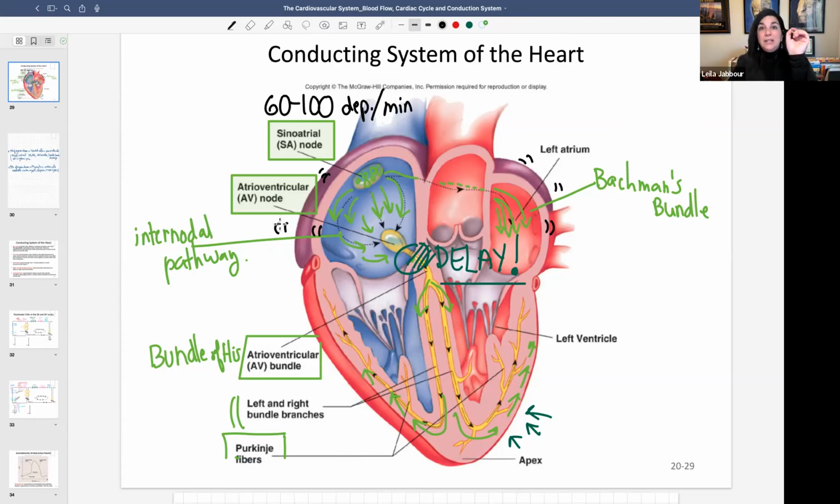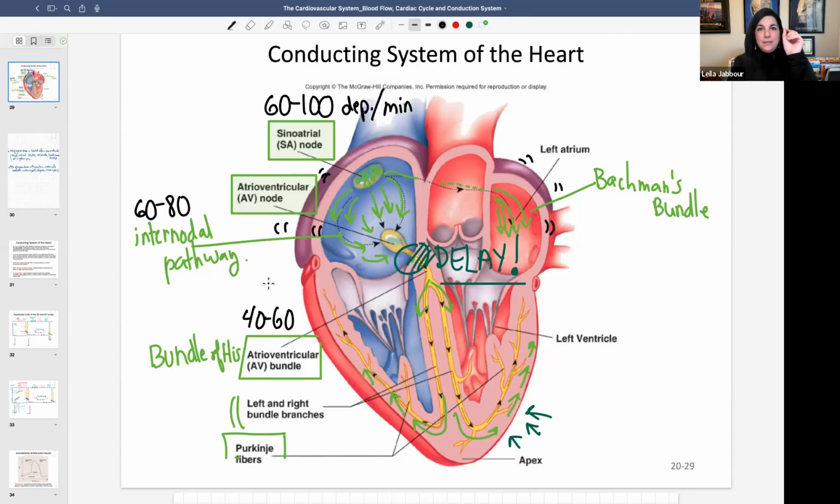The nodal cells sending the signals. In the internodal pathway and across the atria, they go from 60 to 80 depolarizations per minute. The AV node depolarizes 40 to 60 times. So in the AV node, I'm going to write here 40 to 60 times per minute.